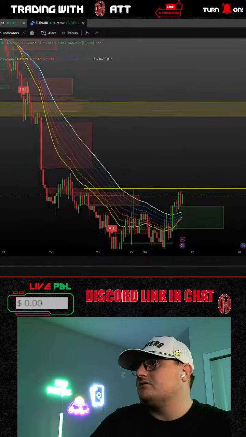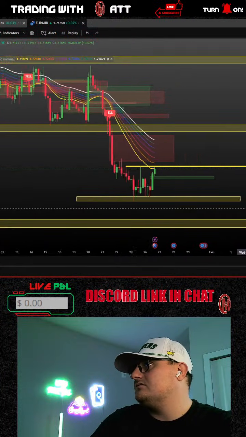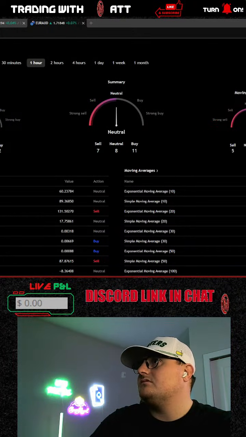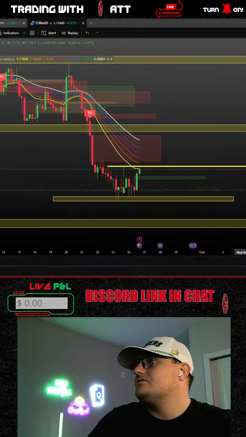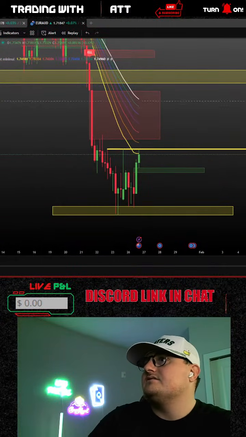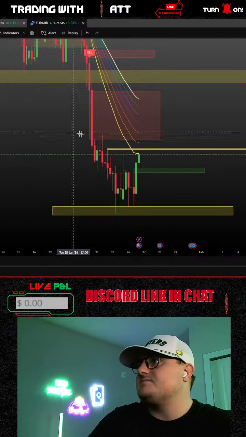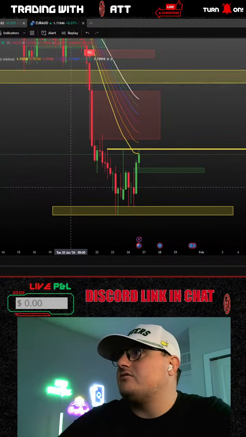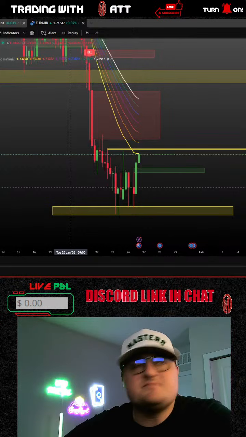Let me see what the 4-hour looks like. Small time frames are buys, higher time frames. It's going to be touching some resistance here, especially with the fair value gaps and the EMA right there. Might only be good for 20 pips before it reverses back down.